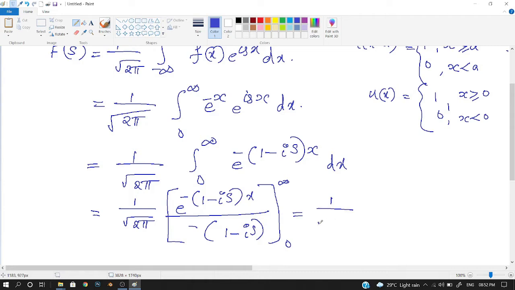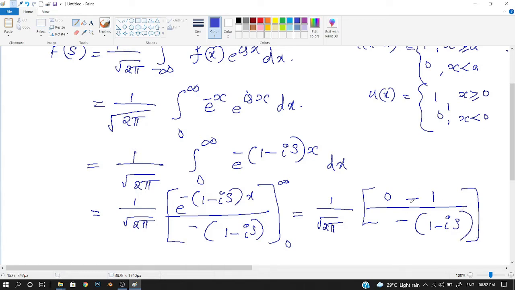So 1 by root 2 pi, 0 minus e raised to 0 is 1, divided by minus of 1 minus is. Minus minus becomes plus. So the answer is 1 by root 2 pi into 1 by 1 minus is. Okay, so this is the required answer.